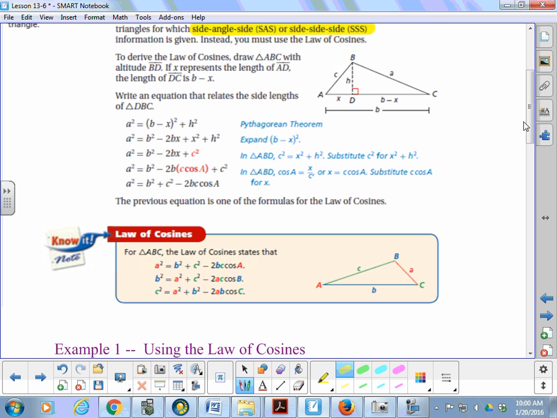What is c squared equals a squared plus b squared? Okay, the Pythagorean theorem. So the law of cosines is actually the Pythagorean theorem with a little part on the end which helps us to make adjustments for whether the angle we're working with is greater than 90 degrees or less than 90 degrees.